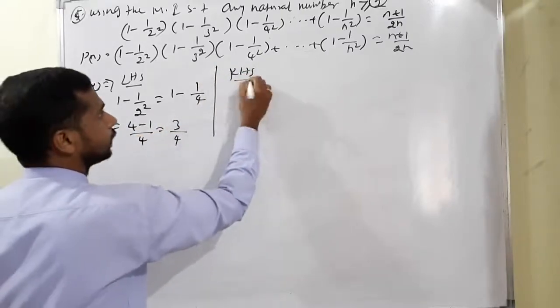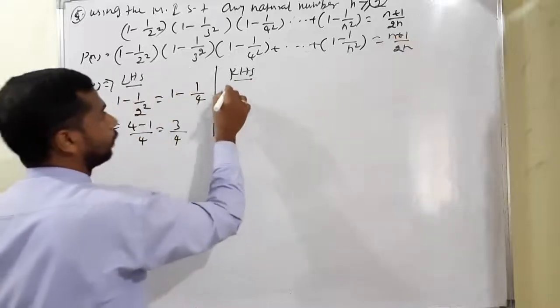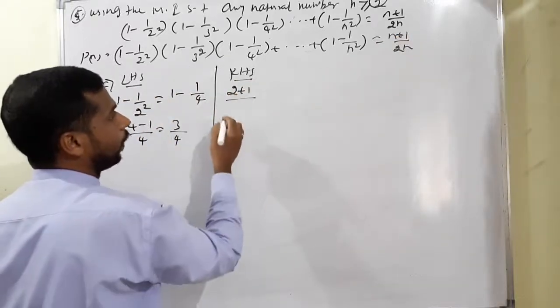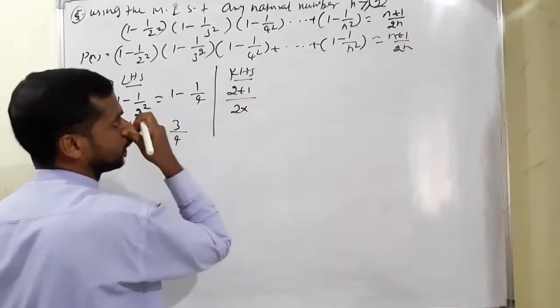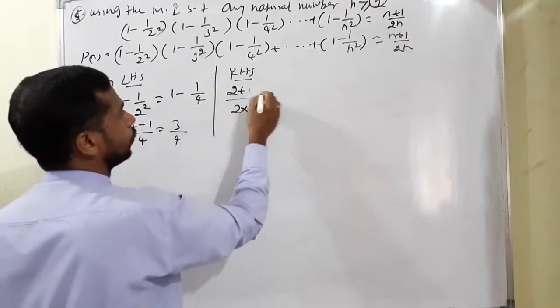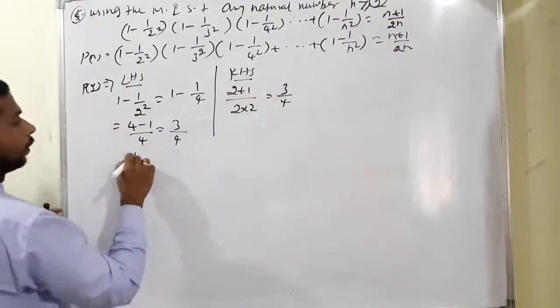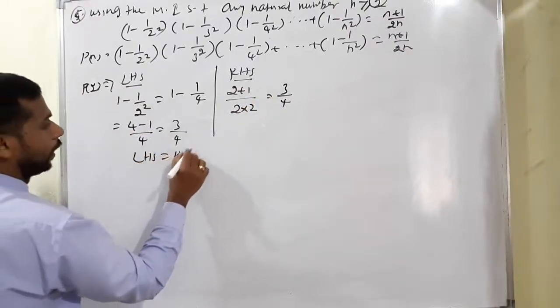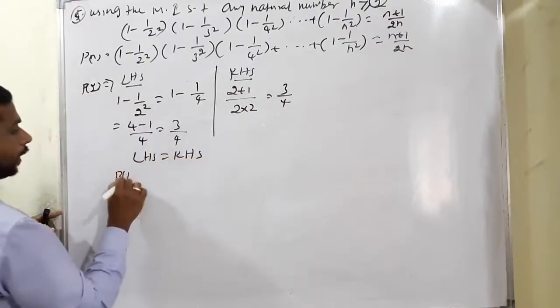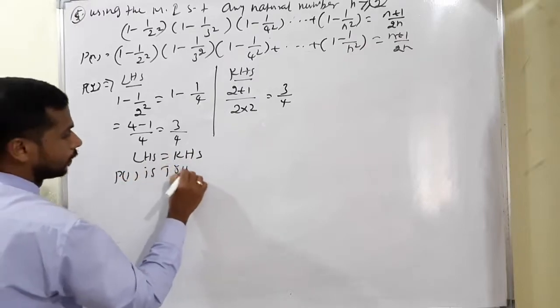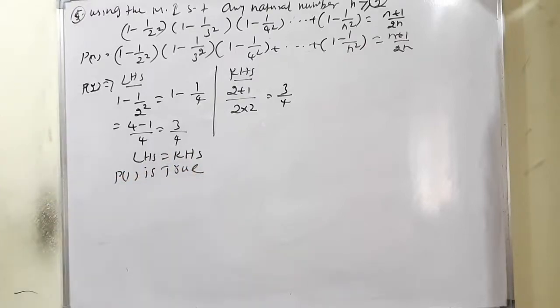Then the RHS: (n plus 1) over 2n means 2 plus 1 over 2 into 2, isn't it? Therefore, 2 plus 1 means 3 by 4. See, LHS is equal to RHS, so we can say P of 1 is true. First condition is clear, isn't it?